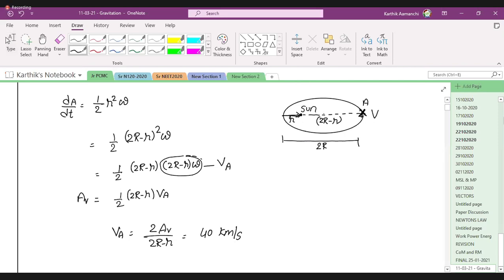See, r is your semi-major axis. From the center, generally we say focus to focus, but the focus will be very close to either end. But from the center of the ellipse to the end point, we call it the semi-major axis. From the center to this, we call it the semi-minor axis.